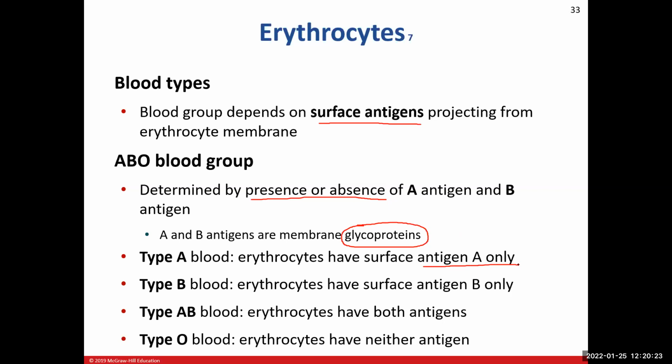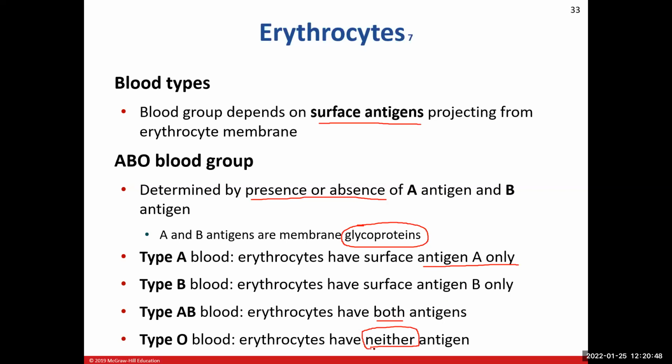So your blood type tells you what surface antigens you have. Obviously, if you're B, then you have the B antigen. If you are AB, you have both antigens, the A antigen and the B antigen. If you are type O, think of it like 0. You have nothing. You have no surface antigens.